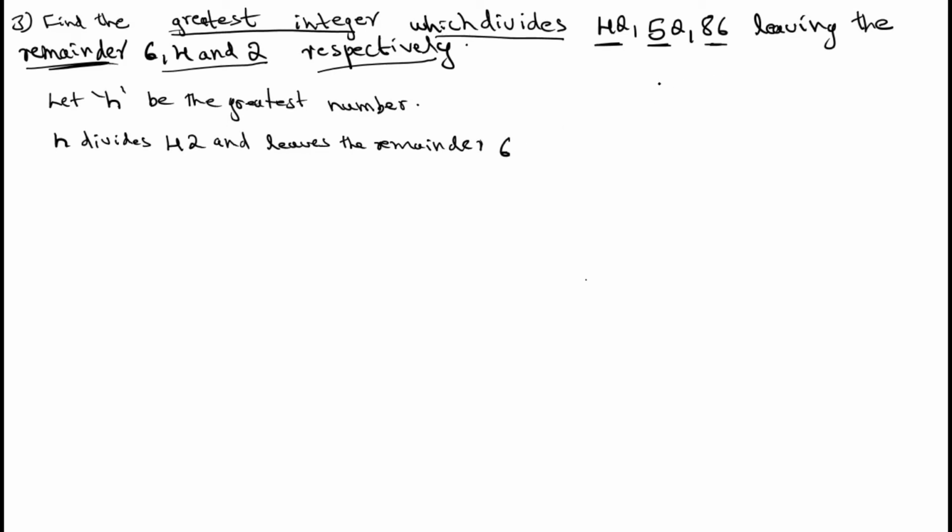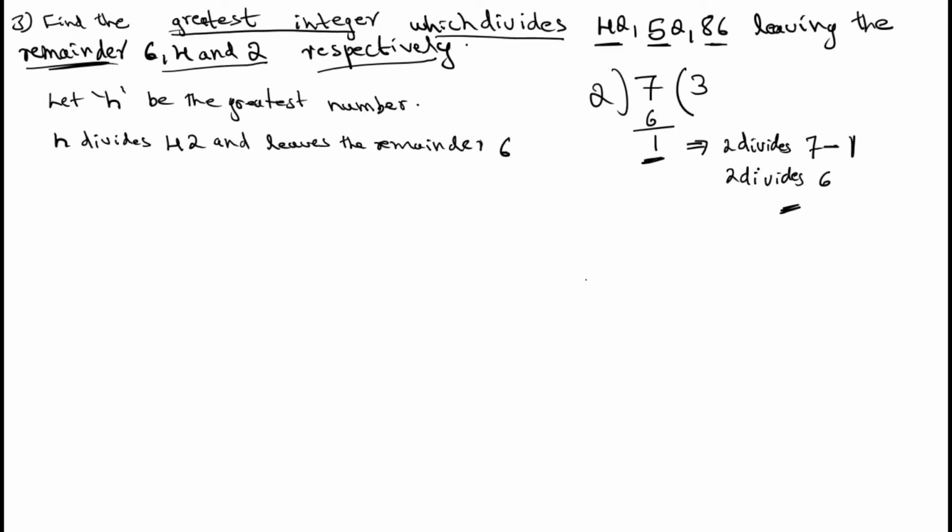Again take the same example. Suppose take the number 7 and you are dividing 7 by the number 2. Then see, 2 3s are 6, remainder equal to 1. Here 2 divides 7 and leaves the remainder 1. In that case we can say that 2 divides 7 minus the remainder, because we know 2 divides 7 minus 1, which is 6.